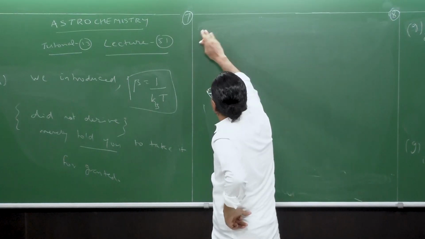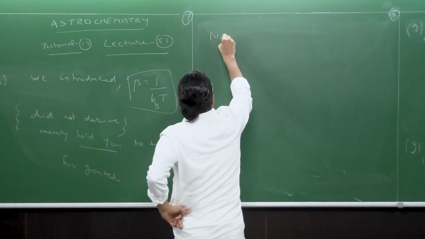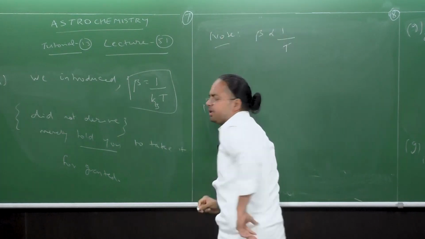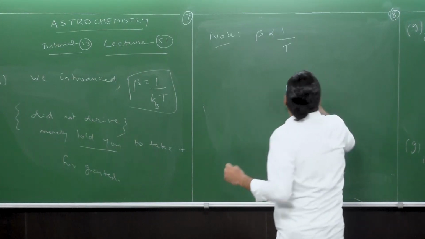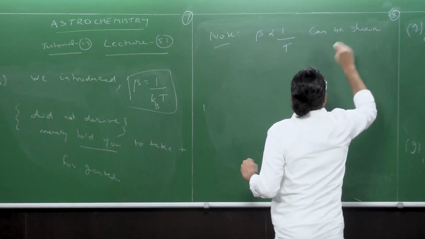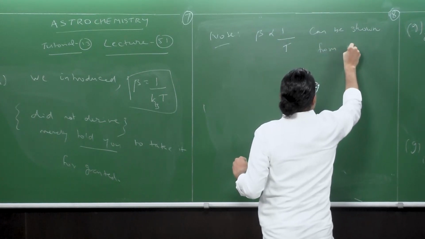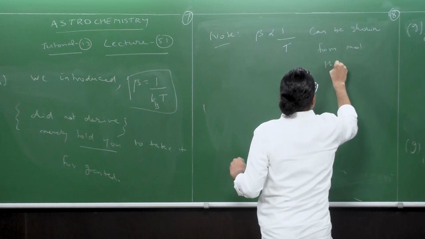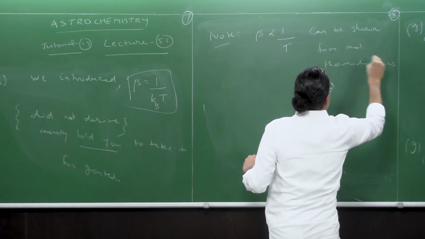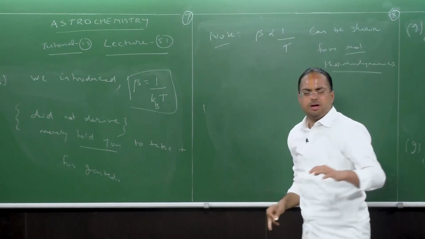So I'll also state it here itself, so note: beta is inversely proportional to the temperature in Kelvin, which can be shown from molecular thermodynamics and connecting it with statistical thermodynamics.